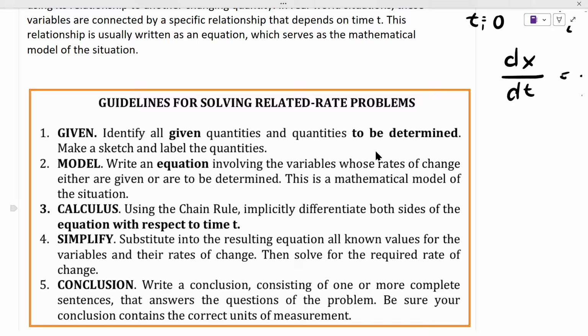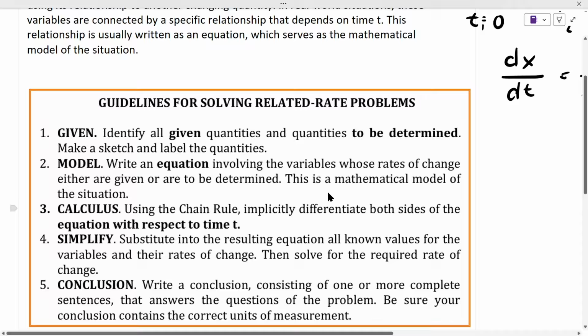Make sure to provide a sketch and label all the quantities. Next, model. Write an equation involving the variables whose rate of change either are given or are to be determined.